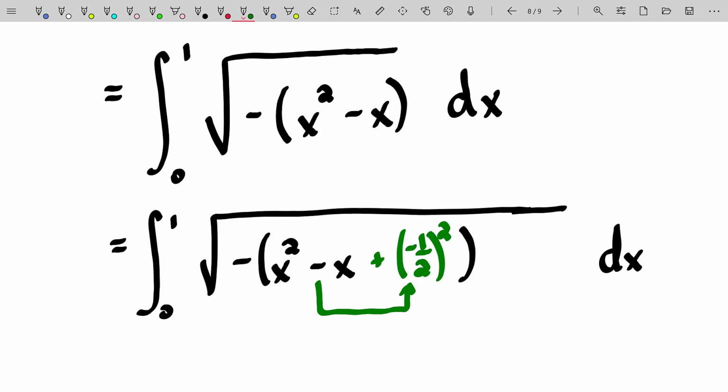Again, a very tragic mistake is for people to say, oh, that means I subtract -1/2 squared. And that is not actually the case. And that's because you're not adding a -1/2 squared, you're actually subtracting a -1/2 squared. So to offset that subtraction of -1/2 squared, you will add back a -1/2.